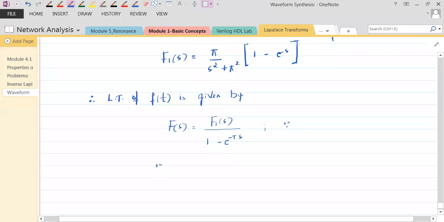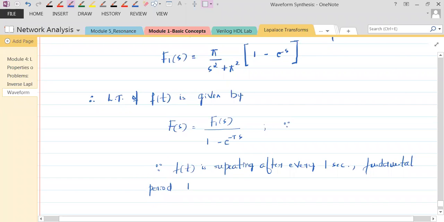Let's write here: since f of t is repeating after every 1 second, the fundamental period T is equal to 1 second.